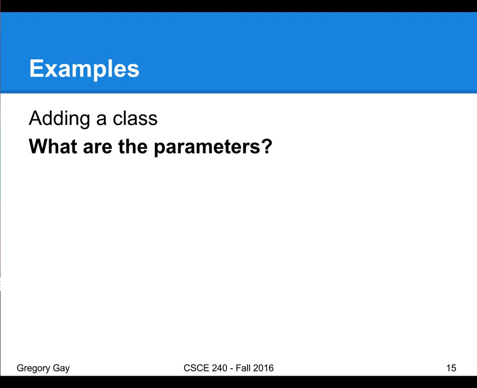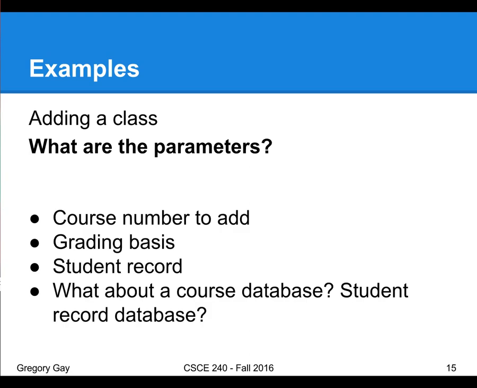So that is absolutely something you could consider a parameter, but one of those interesting environmental ones, right? So just on a direct basis, well, the course number to add, or its grading basis, or who you are, who are you logged in as, right? Your account might have holds on it, for instance, or might already be taking too many credit hours, or some class that already conflicts, right?